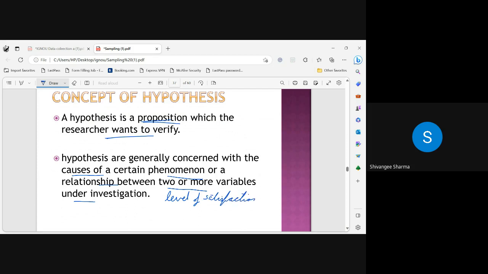And the next variable will be consumption of vanilla ice cream, how much you are consuming, right? This is how you will study the relationship between these two or more variables in your study, and the hypothesis will be formed accordingly, and that will be a proposition which a researcher wants to verify or check.